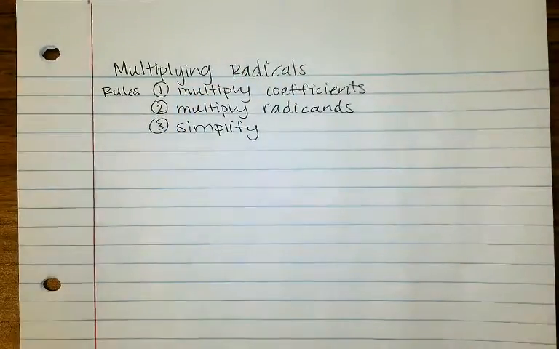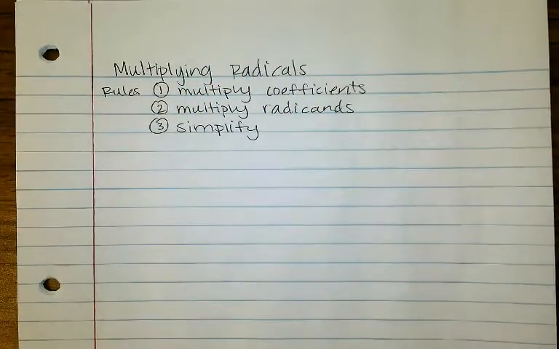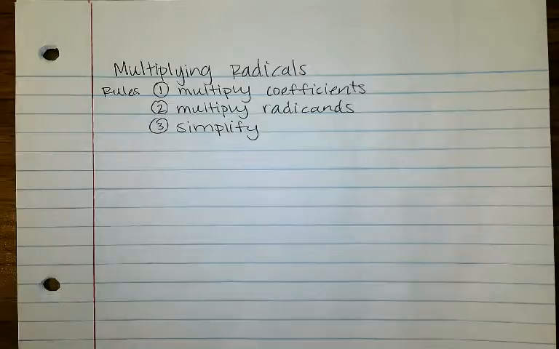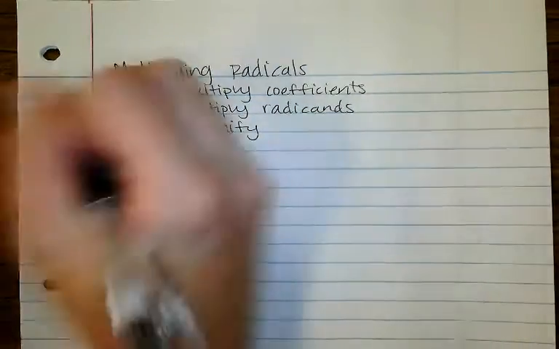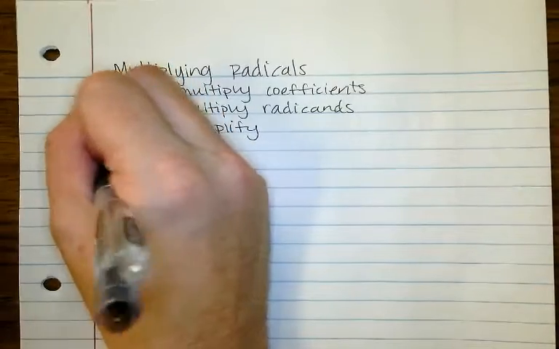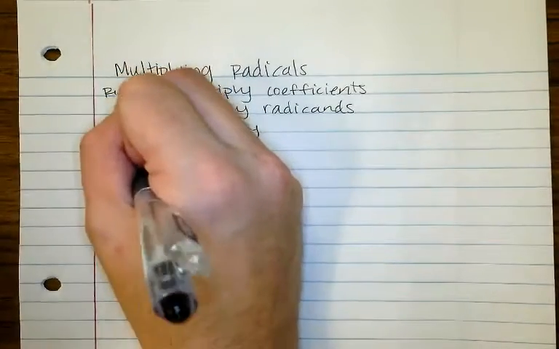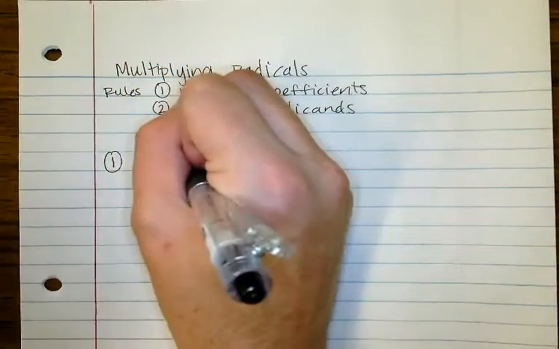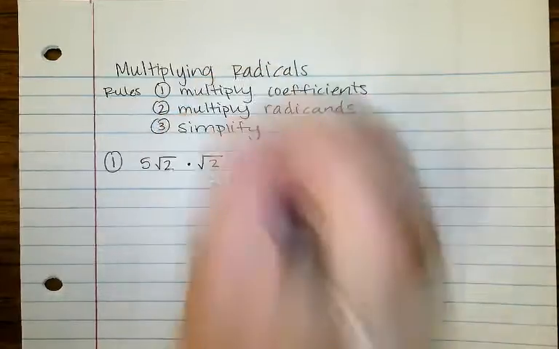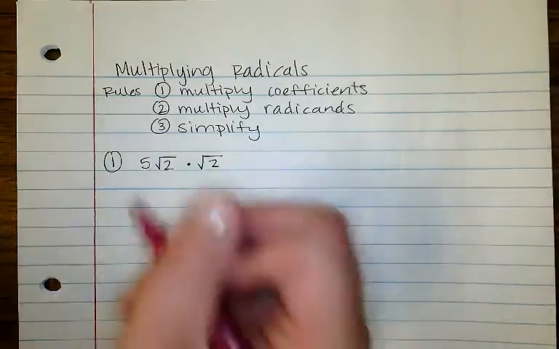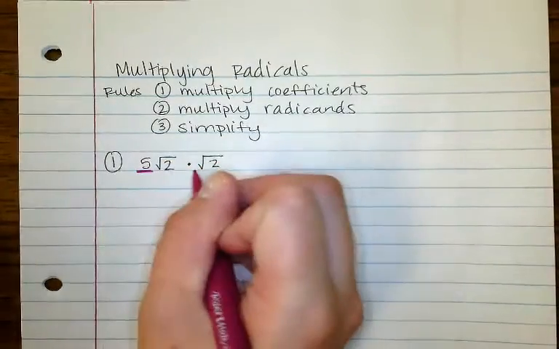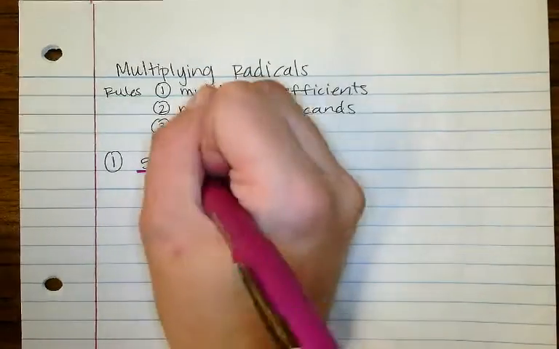So let's take a look at some of these. If I had 5 times radical 2 times radical 2, the first thing we want to do is multiply our coefficients. What's the coefficient of this radical right here? It's like a 1. So 5 times 1 is just 5.